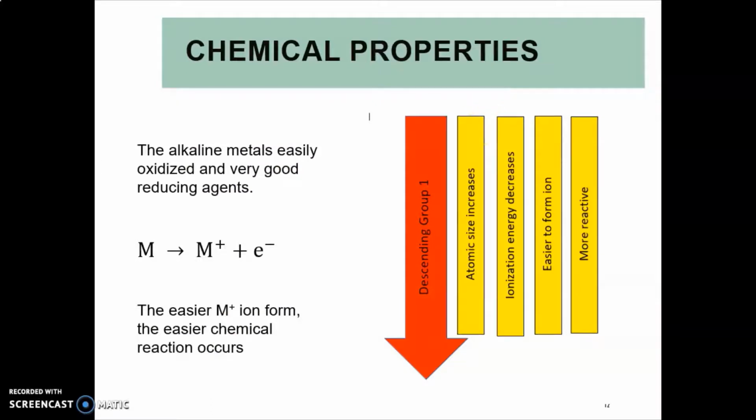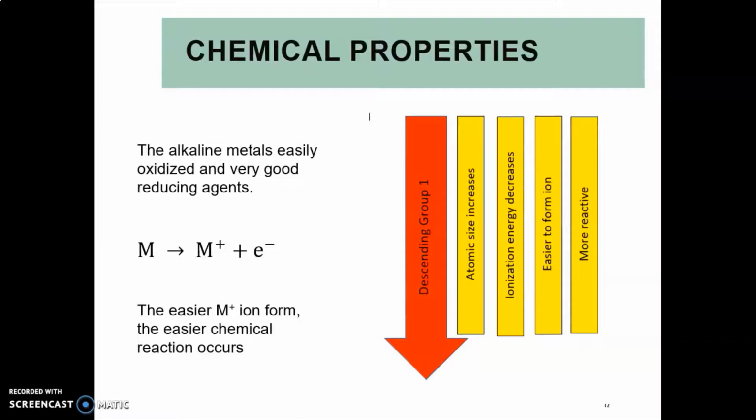For chemical properties, alkaline metals are easily oxidized and are very good reducing agents. All alkaline metals form the metal ion by losing one valence electron.